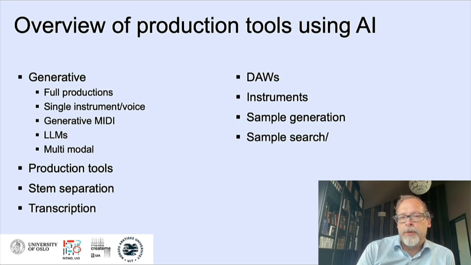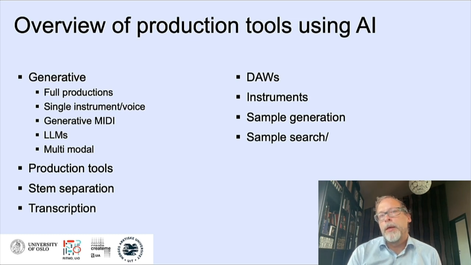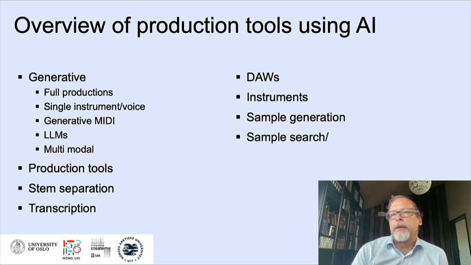You have sample generation AI tools that can create sounds or samples from prompts, or you can adjust existing sounds to fit a given prompt. These are a combination of generative tech and also just some kind of library search. Some of these tools find sounds and modify them to fit, for example, a tempo or a pitch that you request.